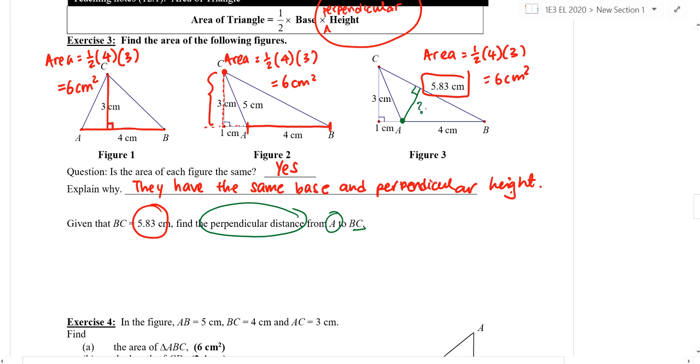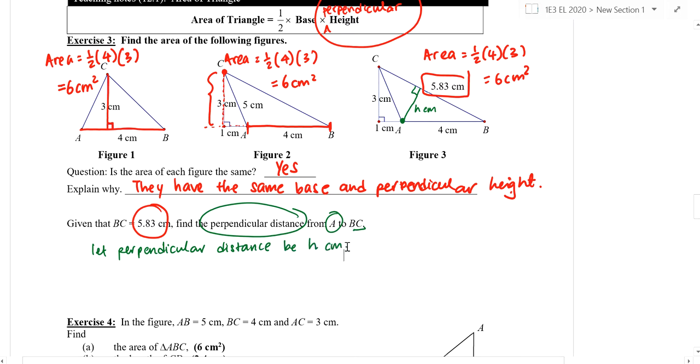So let us call this H. Let's give it a name, H. Let the perpendicular distance be H cm. What is the point of doing this?